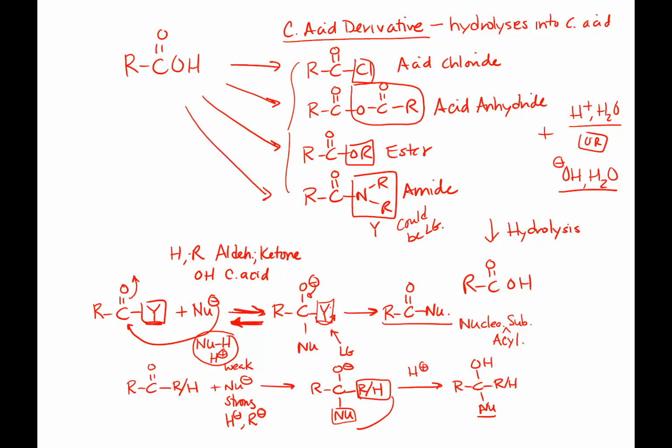And oftentimes it will. So that's going to set up chapter 24 and some of chapter 23 here as we react the carboxylic acids and their derivatives with strong and weak nucleophiles.